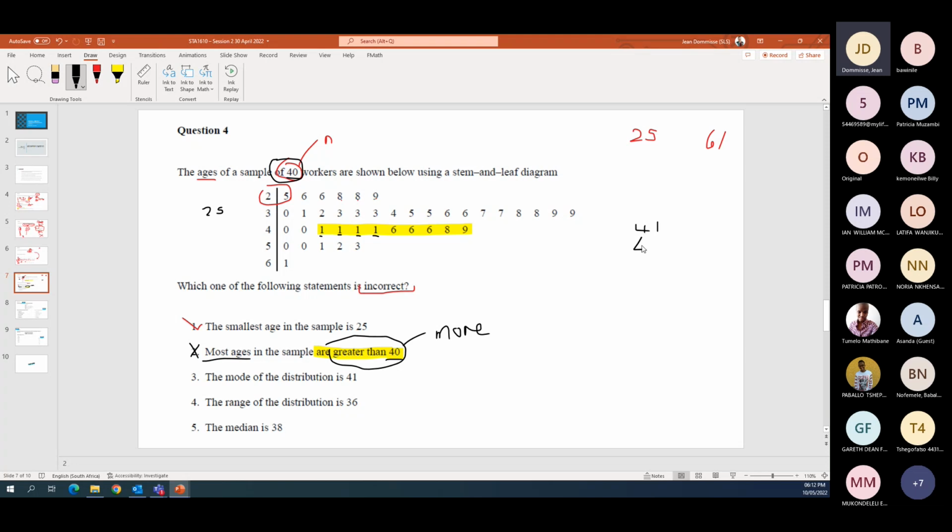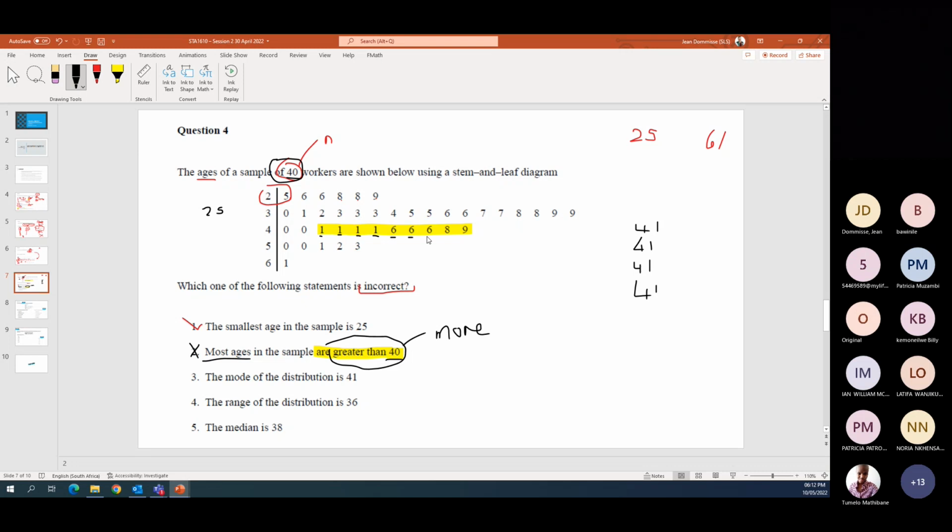So there are actually four 41s. Then there is 46, 46, one 48, and 49. So there are 1, 2, 3, 4, 5, 6, 7, 8, 9 that are in the 40s.